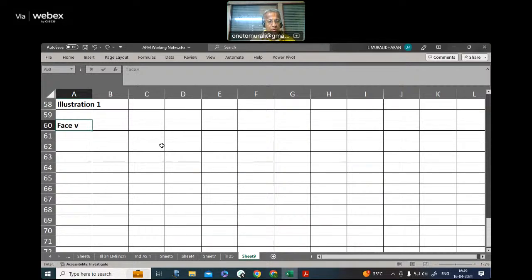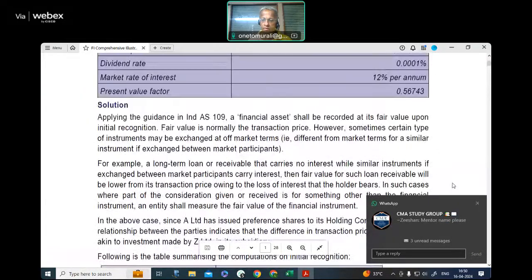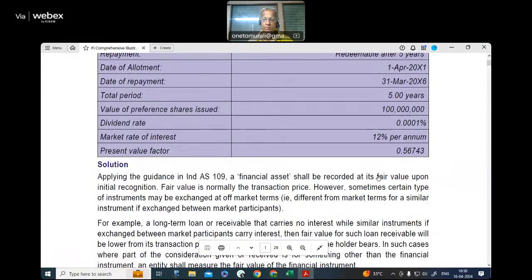So face value of the non-cumulative redeemable preference shares 100 million. Present value factor at the rate of 12% at year 5, given in the problem as 0.56743.